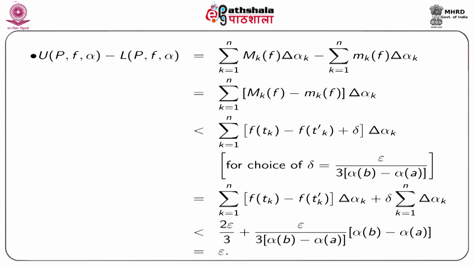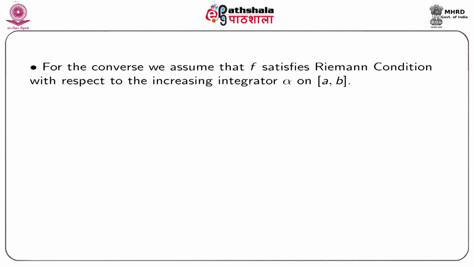This is again less than 2 epsilon by 3 plus epsilon by 3 into alpha b minus alpha a into alpha b minus alpha a, and this sum is equal to epsilon, and this shows that f satisfies the Riemann condition with respect to the integrator alpha.